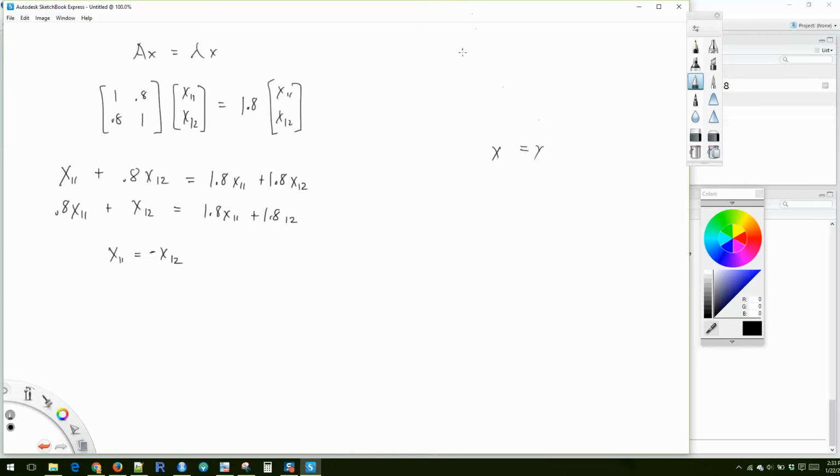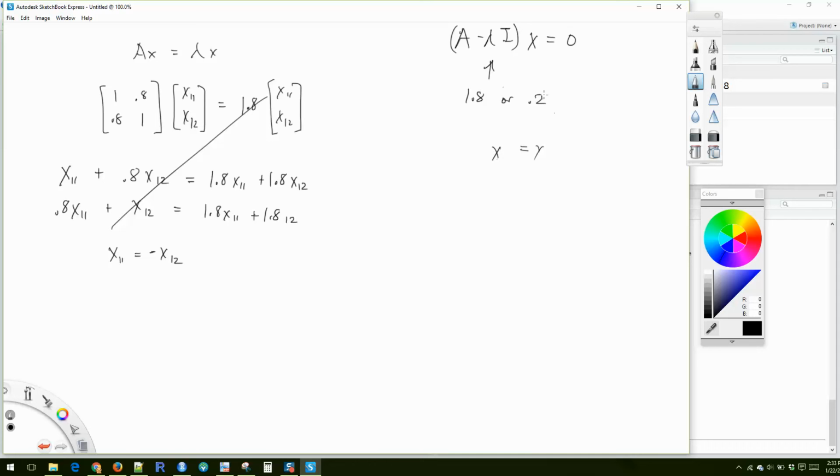Let me just do it this way, using A minus lambda I times x is equal to 0. We're going to plug in 1.8 in here or 0.2 in there. Sorry, I think this was not correct.